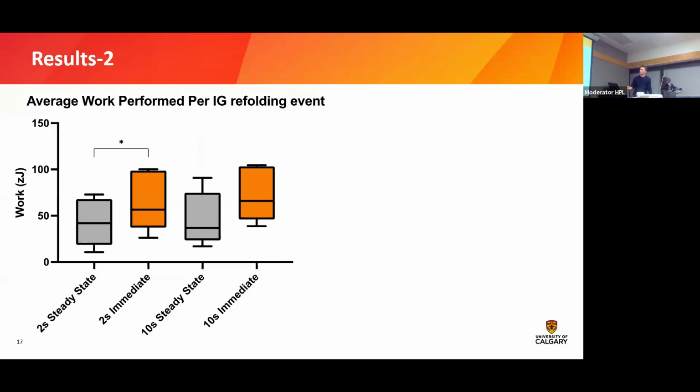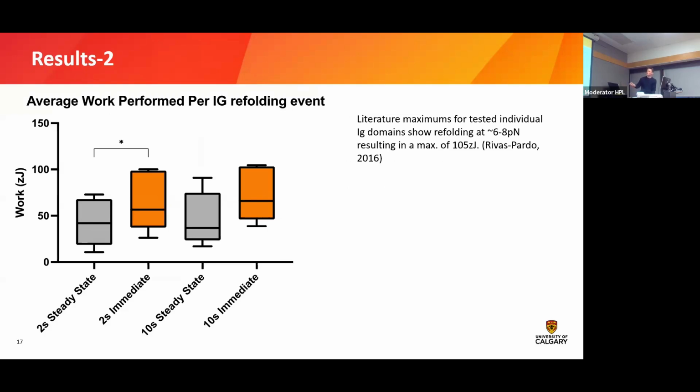The literature maximums for individual immunoglobulin domains show refolding at around 6 to 8 piconewtons, and these result in a maximum of 105 zeptojoules. So it's like 10 to the negative 21 joules. It's kind of crazy that we can measure that. But anyway, maximum of 105 zeptojoules.